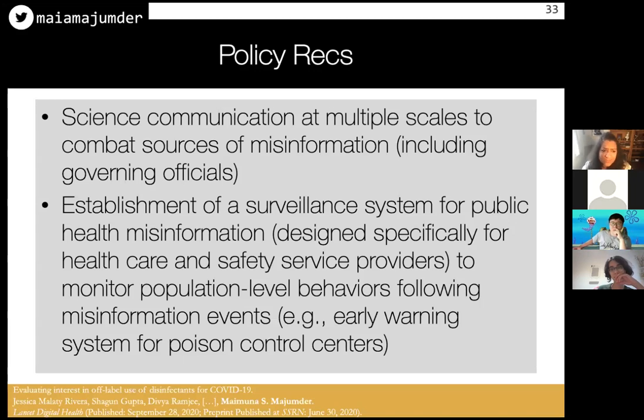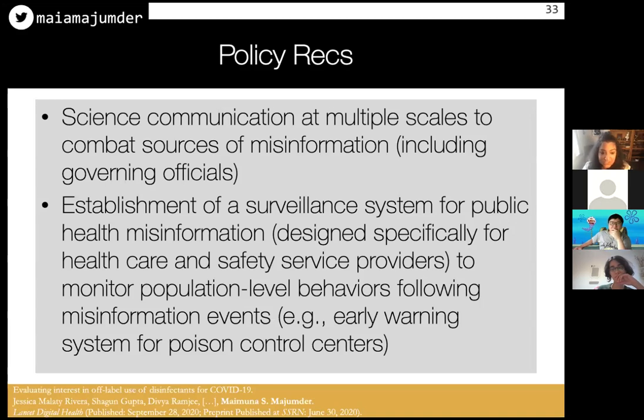Which brings us to the policy recommendations that my research group made following this study. First and foremost, science communication at multiple scales will be necessary to combat sources of misinformation, including elected officials, even in the aftermath of the Trump administration, at least here in the United States.